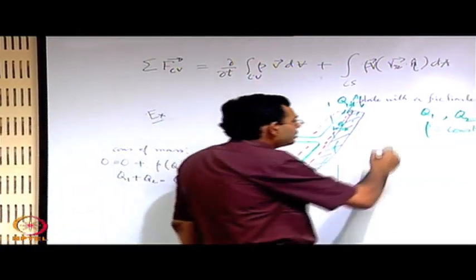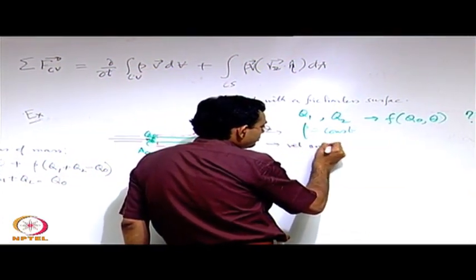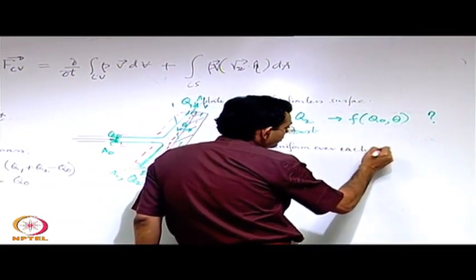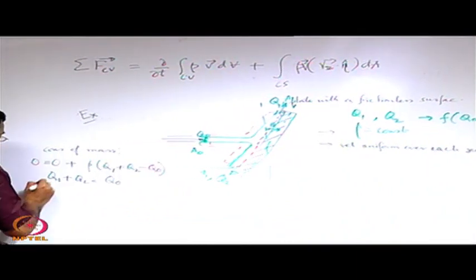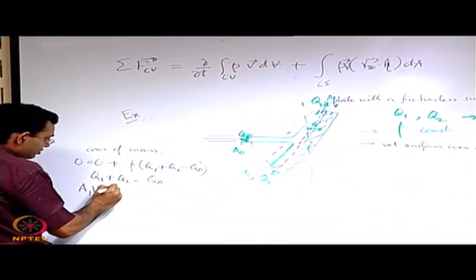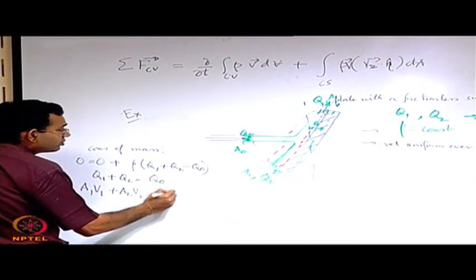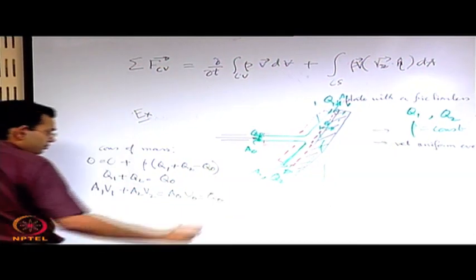Let us make another assumption that the velocity is uniform over each section. So, you can write this as A1 V1 plus A2 V2 is equal to A0 V0, or Q0.